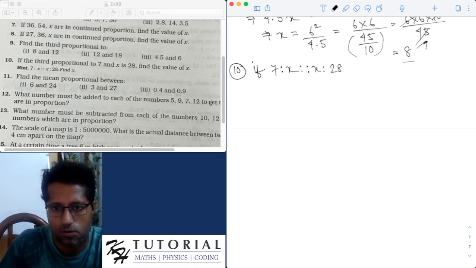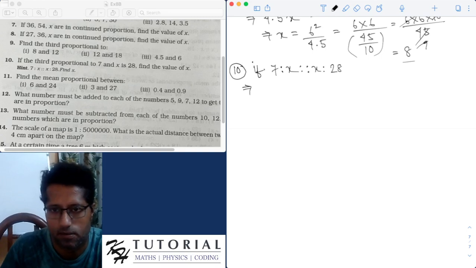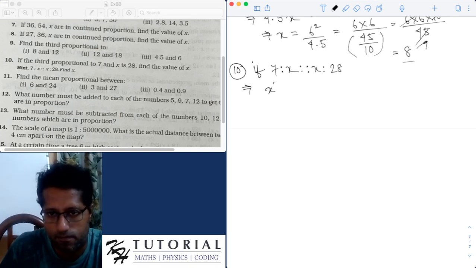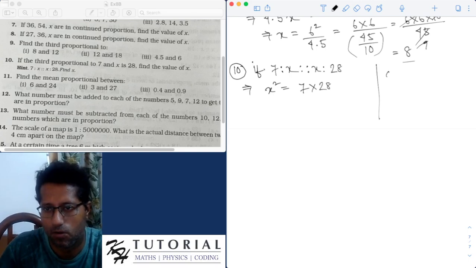Using the direct formula b square equals AC, we will have x square equals 7 into 28. Why? Because if it is given that A, B, C are in continued proportion, then b square equals AC.